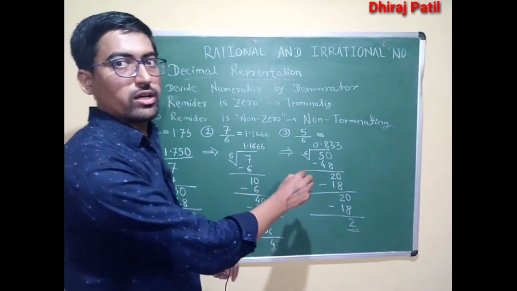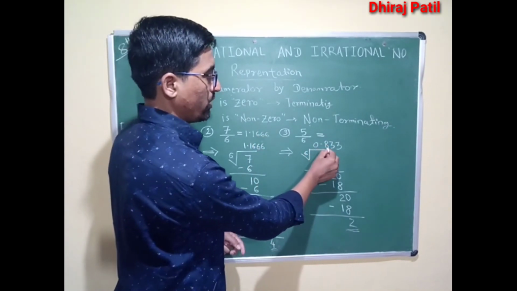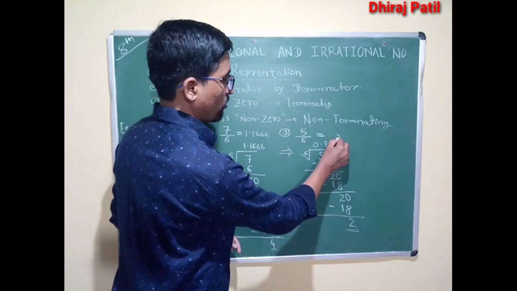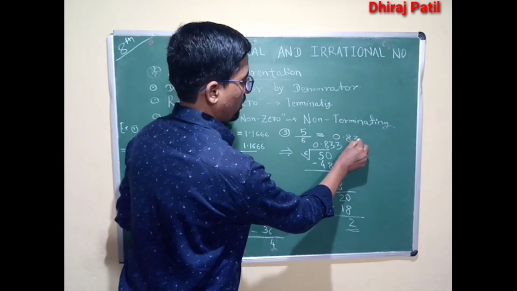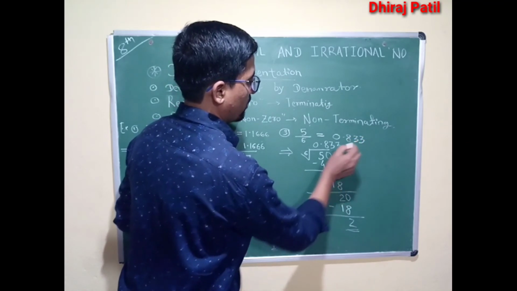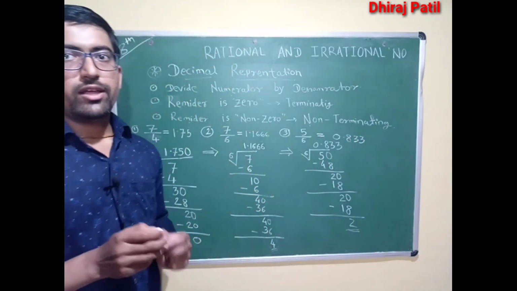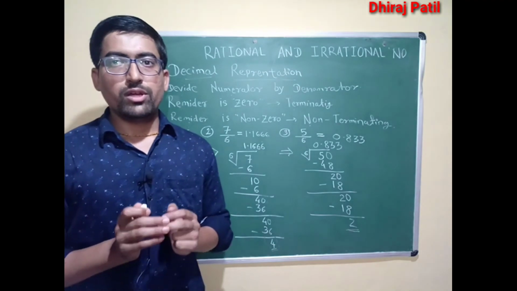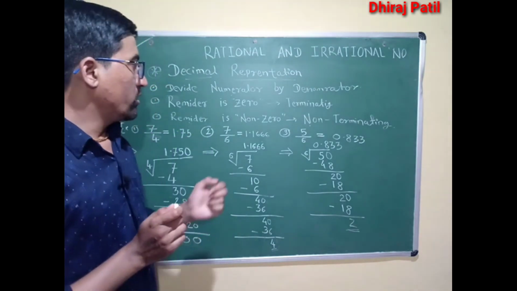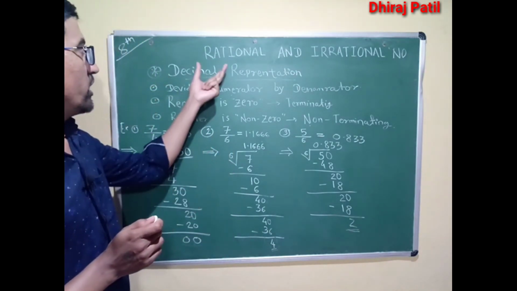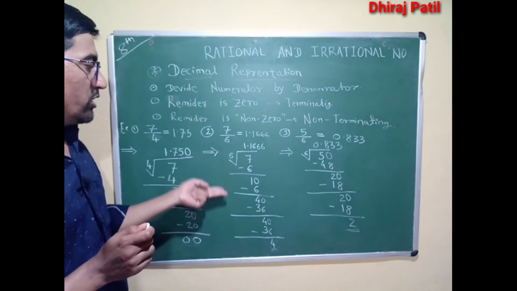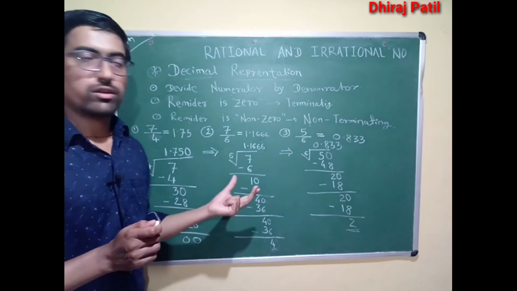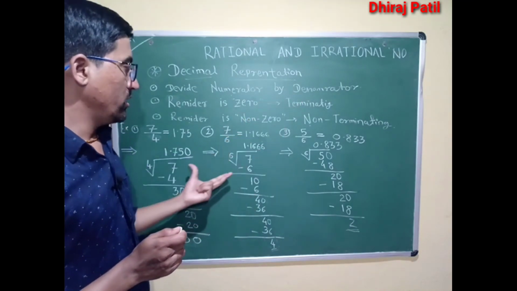Our third answer is 0.833. Friends, here we conclude that the representation of a rational number in decimal form is done by dividing the numerator by the denominator.